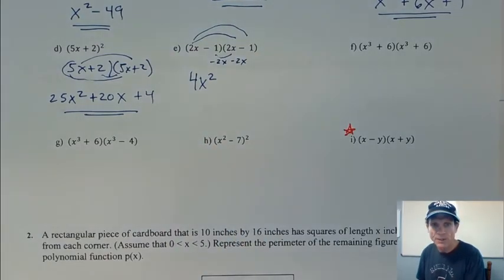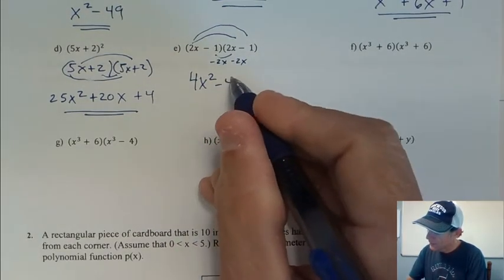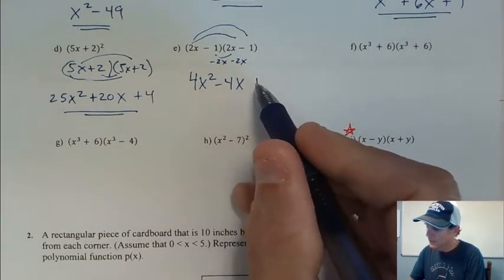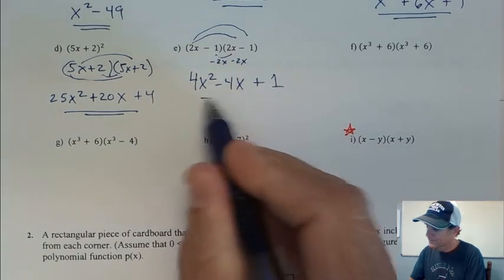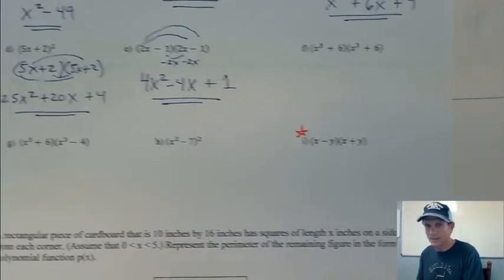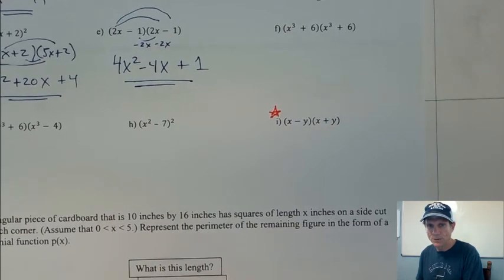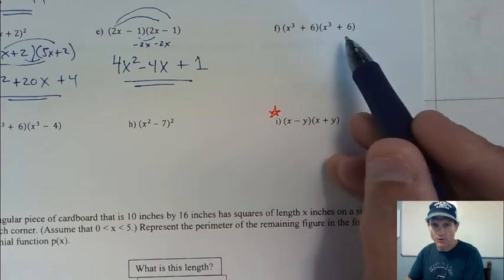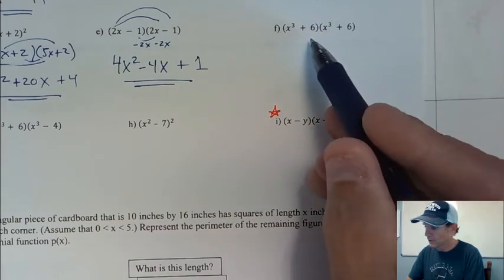I got negative 2x, negative 4x, and then negative 1 times negative 1, positive 1. Okay, you'll get the hang of these, practice them a little bit, work them carefully. Here, again, I got a match, so this would fall under the special product rule.